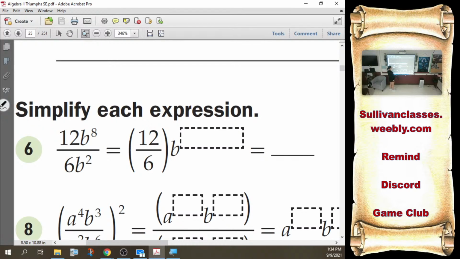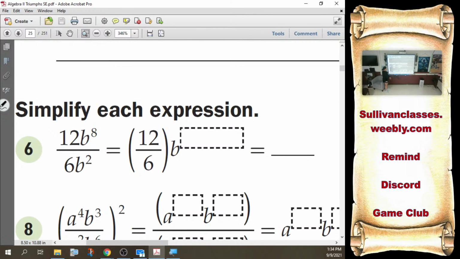Okay. So, I see a b to the 8th over b to the 2nd. Look over there. Which of those rules does b to the 8th over b to the 2nd look like? And rule 6 says to do what? Remember? No, look at rule 6. What did I do with the 8 and the 6 there? Subtract them, right?